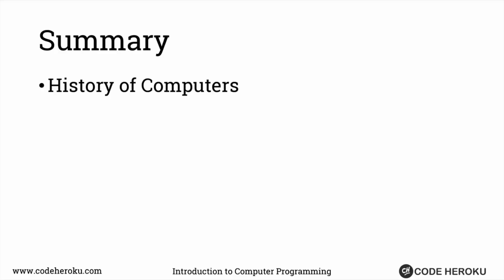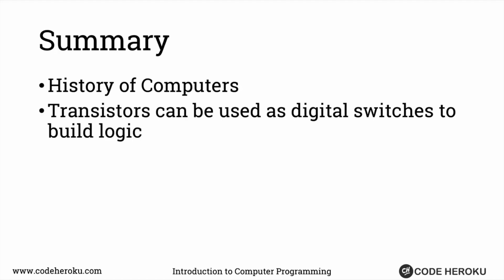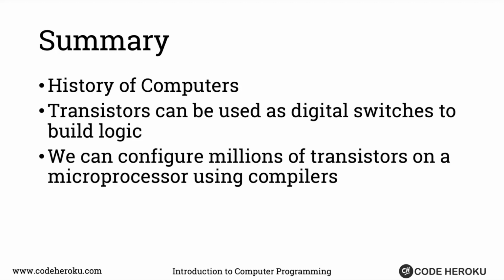Alright, so here's what we have seen in our class today. We went over a brief history of computers. We saw the journey from the ancient difference engine to a modern day computer. Next, we saw how crucial transistors were to the development of computers, and how you could use them as digital switches to build logic. And once we had the ability to stack millions of transistors on a chip, we could build microprocessors.